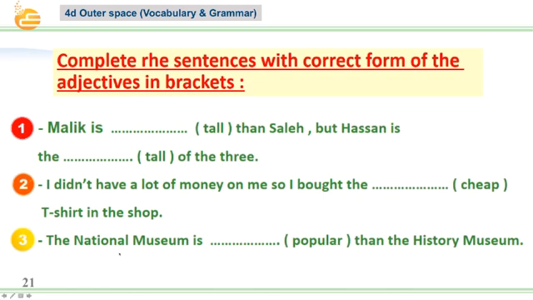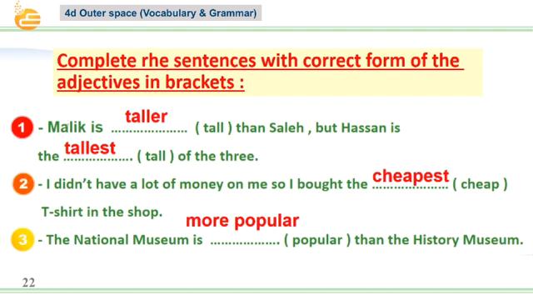More than one syllable. Okay, Malik is taller than Saleh. We have a short adjective here, and we have Saleh and Malik, so we are comparing between two. That's why we are using the comparative adjective. But Hassan is the tallest of the three. We're comparing between Hassan, Saleh, and Malik, more than two.